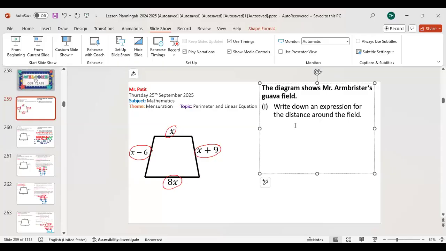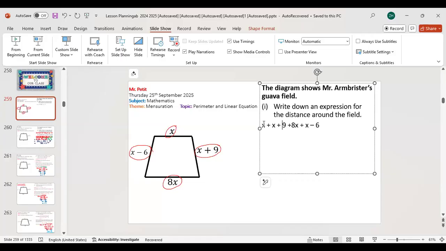So we have x plus 9 plus 8x plus x minus 6. So that's what we have.